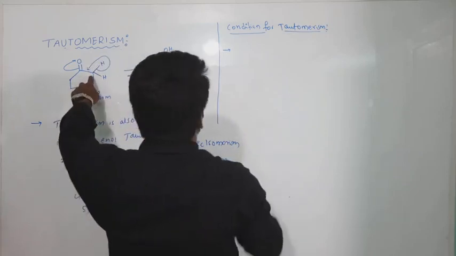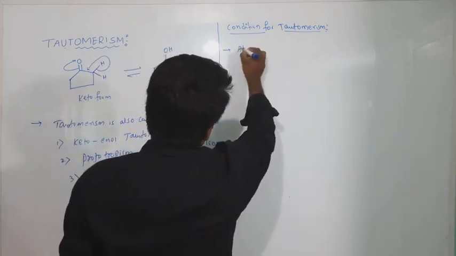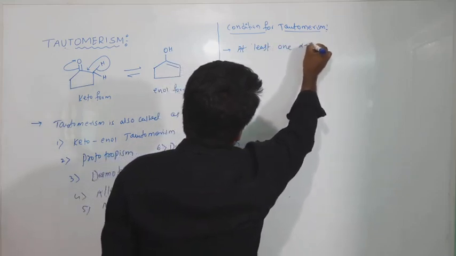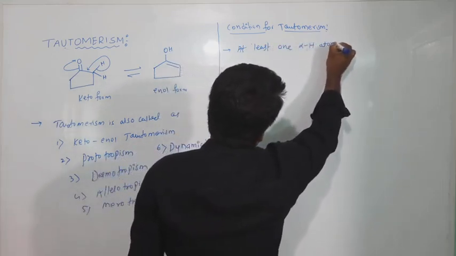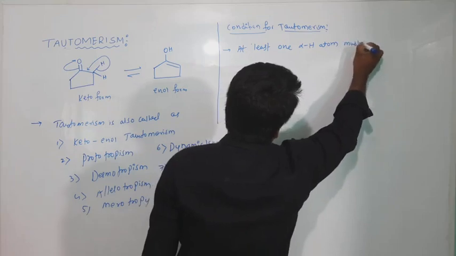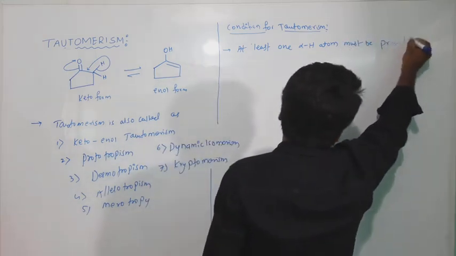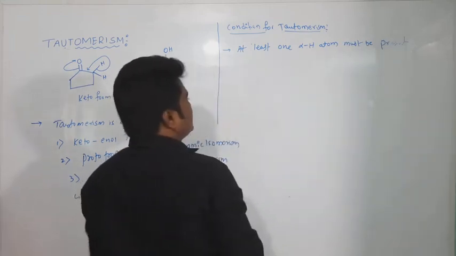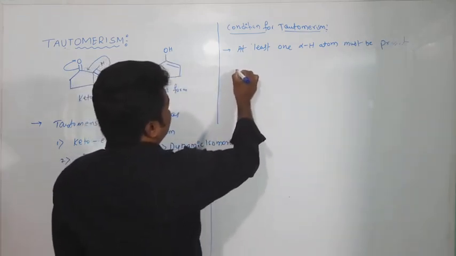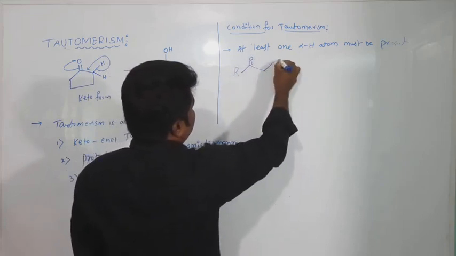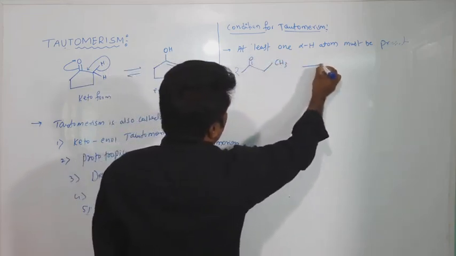This is the alpha carbon atom. At least one alpha hydrogen atom must be present. Otherwise tautomerism is not possible. For example, see this one, CH3 and R. Is tautomerism possible?